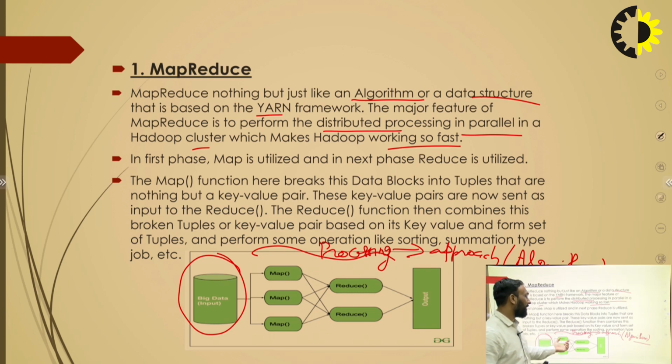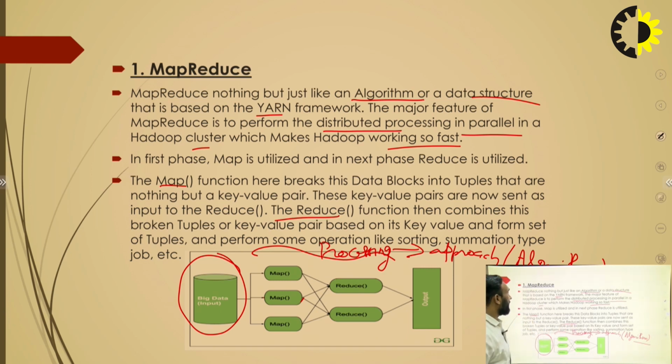And for that we are using 2 terminologies here, map and reduce. Generally it is called together MapReduce, but in map there is one function, and in reduce there is a different function. So first of all, I will read the basic function of map and reduce.